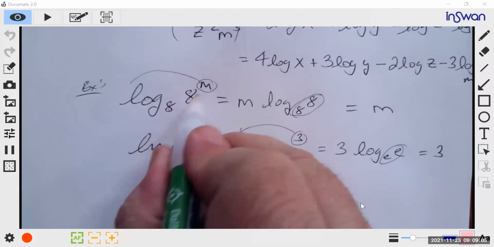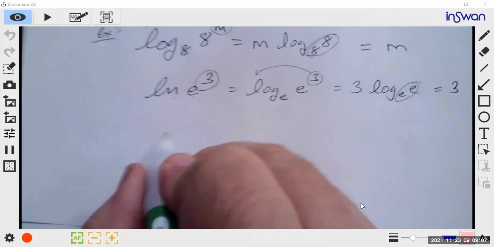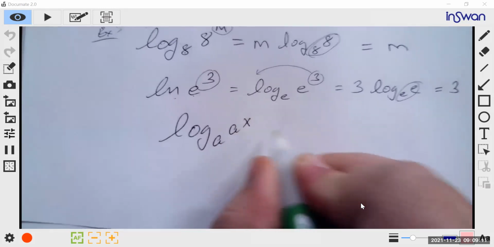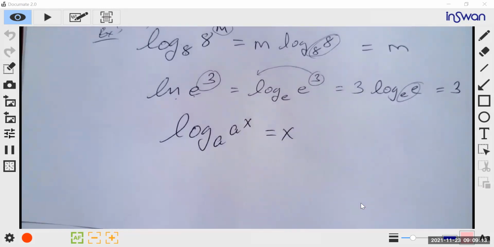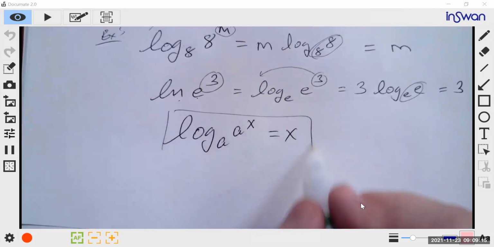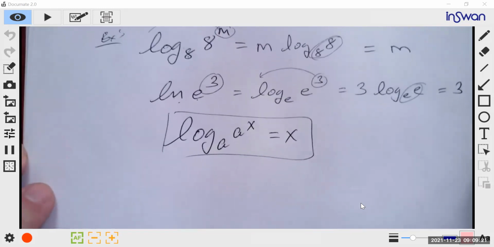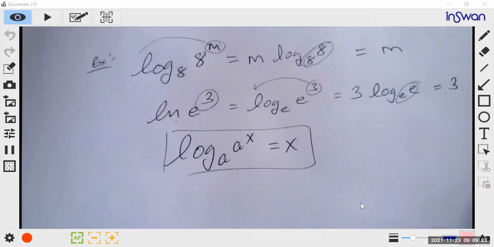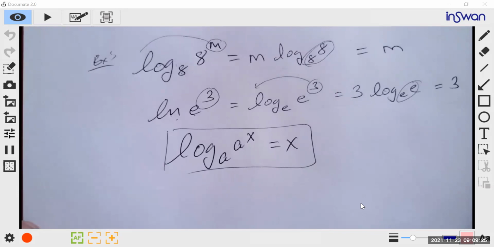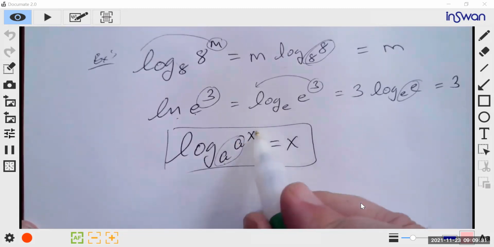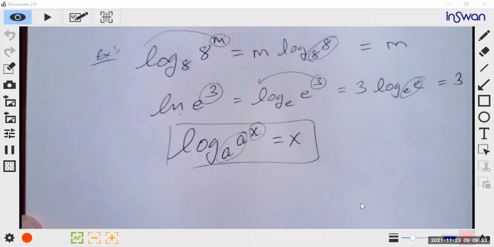If log base a, here's a shortcut. So in other words, if the numbers are the same here, the answer is just the exponent.